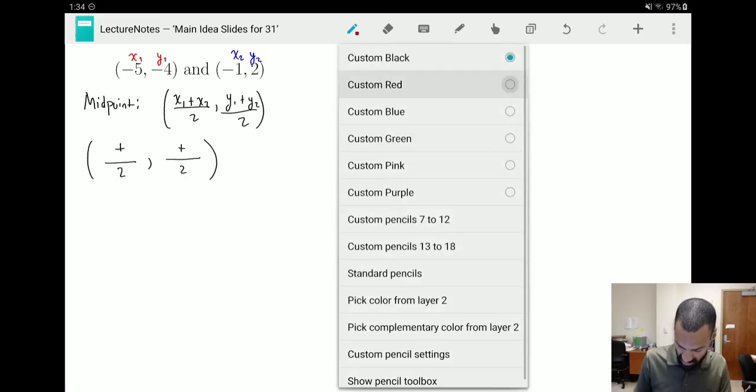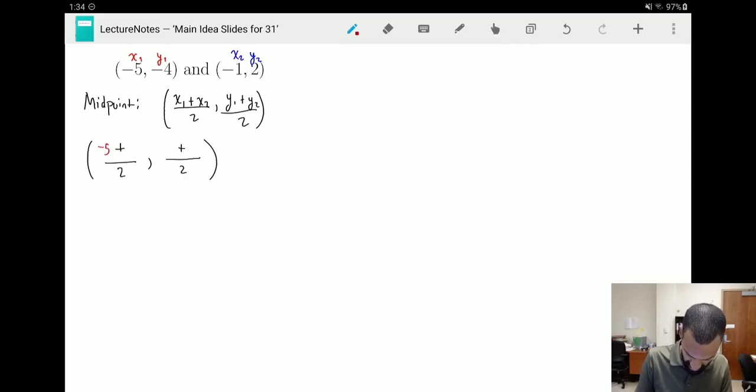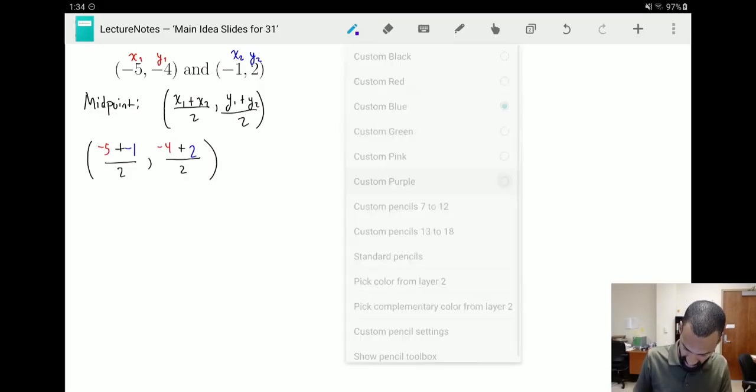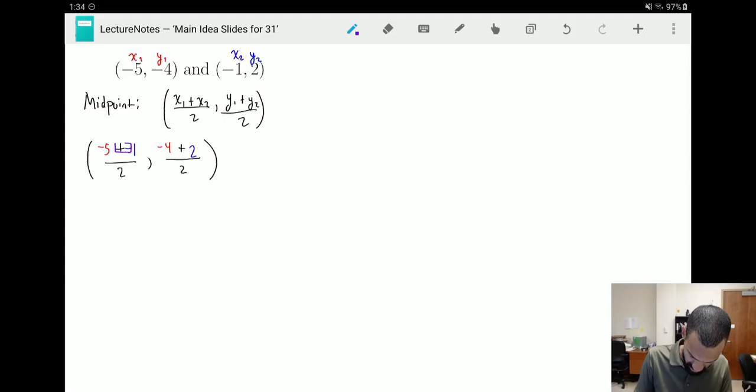Let's fill them in. So x1 is negative 5, x2 is negative 1, y1 is negative 4, y2 is positive 2. I want to be careful with my double signs here. Anytime you add a negative, you're really just subtracting it.